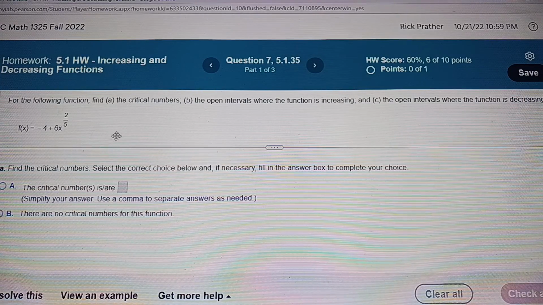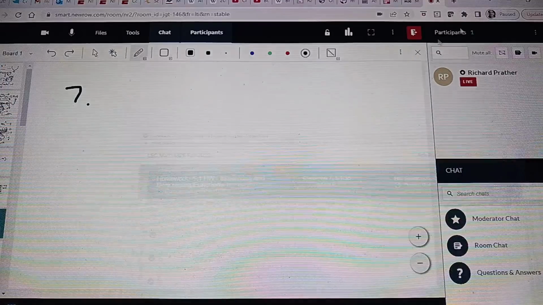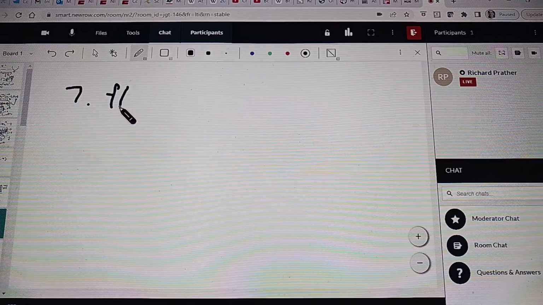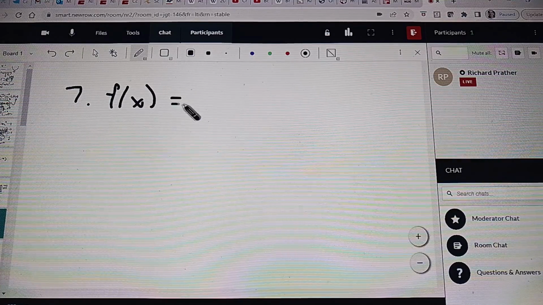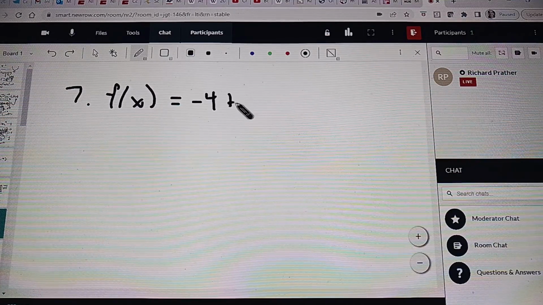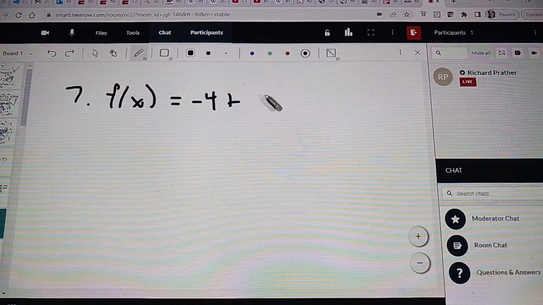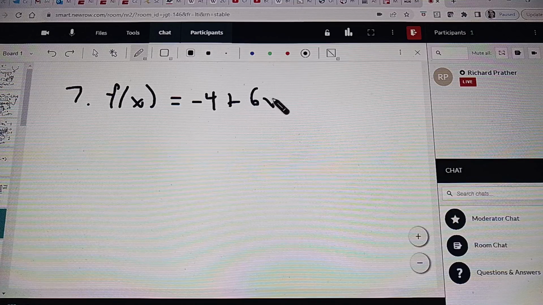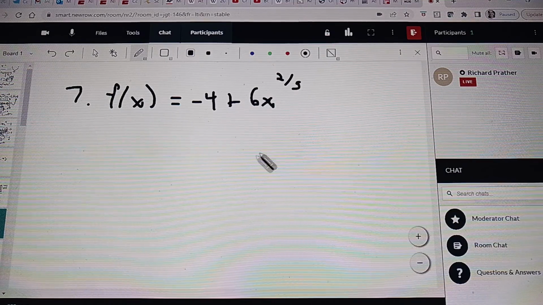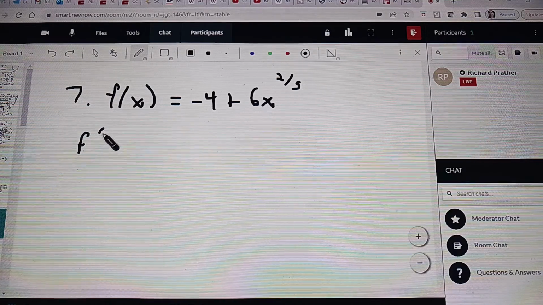So number 7, we got f of x equals negative 4 plus 6x to the 2/5. Now maybe you don't know what that graph looks like. So let's find its derivative then and see if there's any critical numbers.